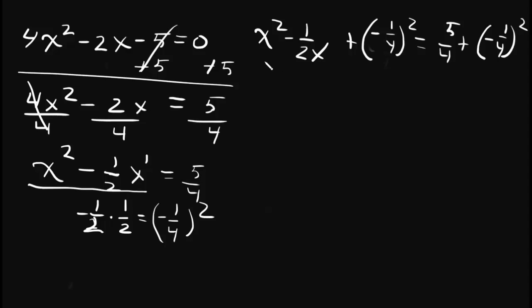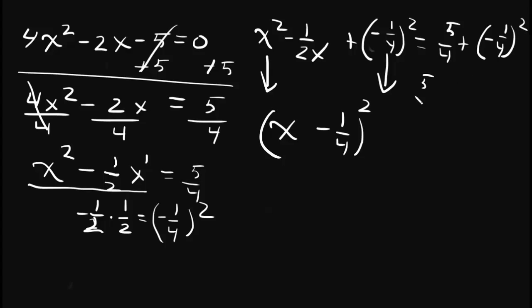Now we're going to take the squared portions of the left-hand side and bring them down without the squares. So we've got an x and we've got a negative 1/4. We'll bring those two down and we'll square it. On this side we have a 5/4 plus 1/4 squared.